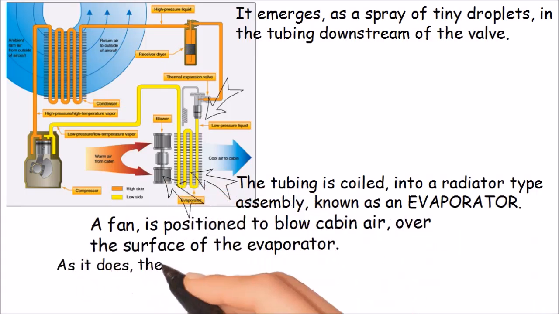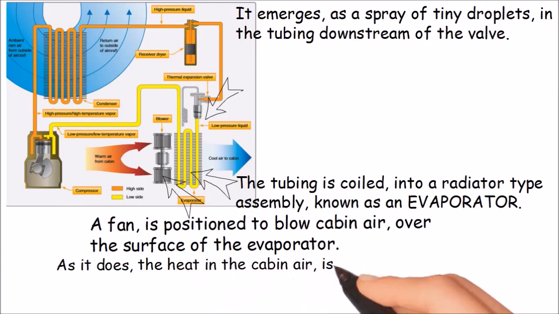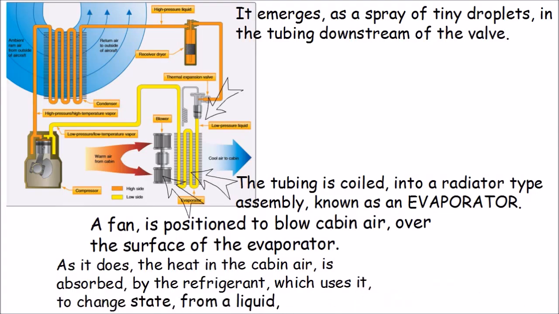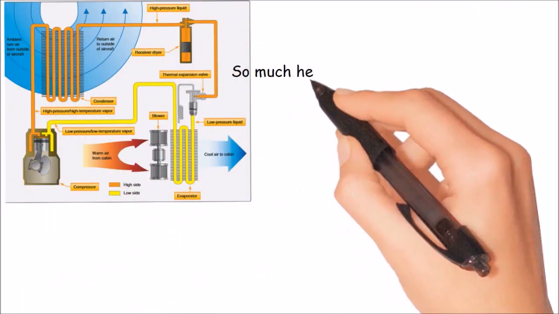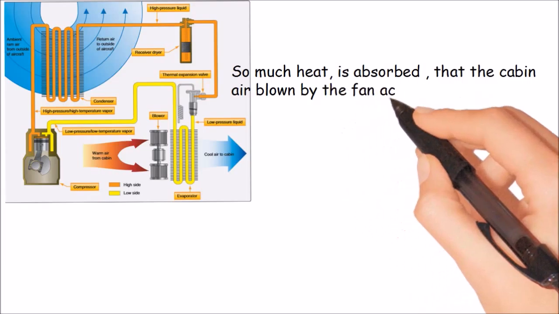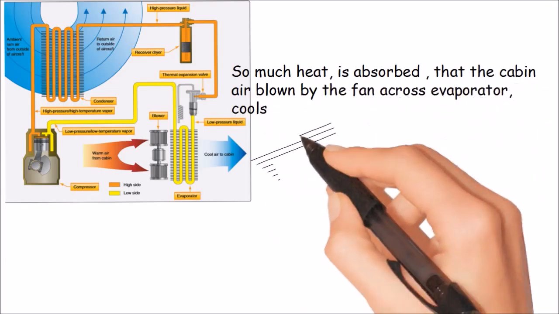As it does, the heat in the cabin air is absorbed by the refrigerant, which uses it to change state from a liquid to a vapor. So much heat is absorbed that the cabin air blown by the fan across the evaporator cools.